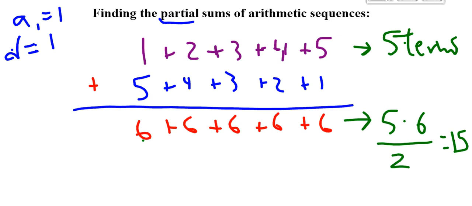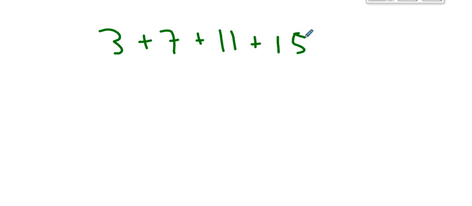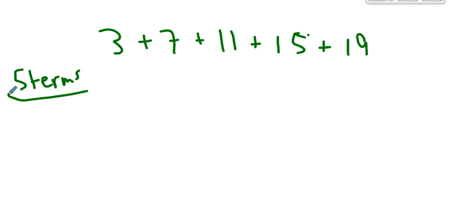So if I take another sequence like 3 plus, let's go big, 7 plus 11 plus 15, plus 19, let's say, right? First off, I know that there are 5 terms. And I know that the first term, a sub 1, is equal to 3.